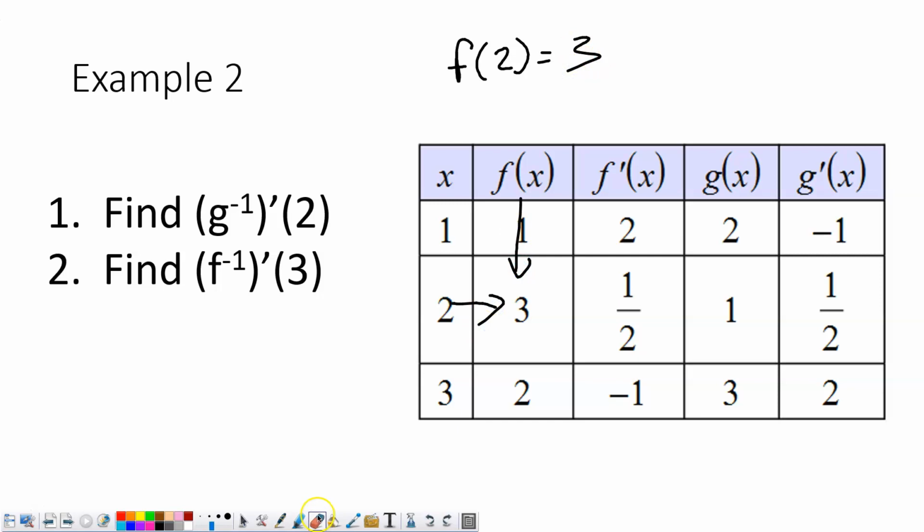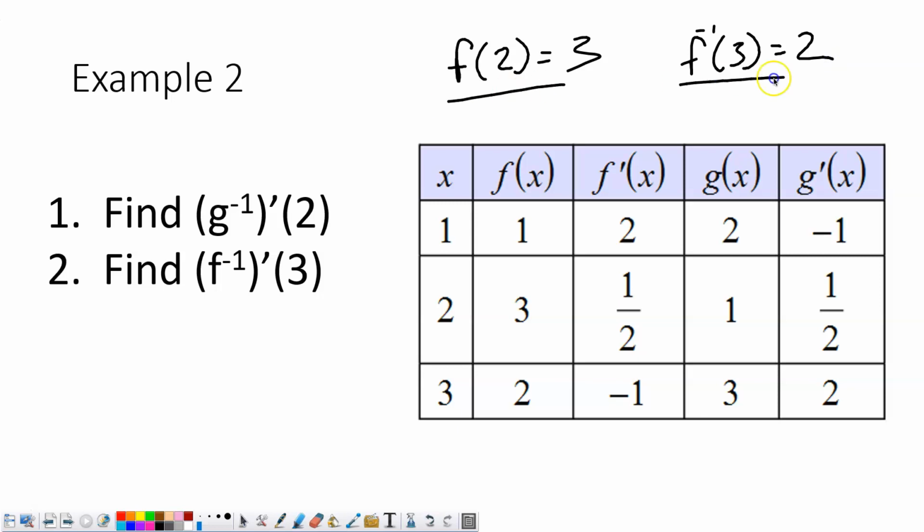Shouldn't be a problem. Now, what is f inverse of 3? So if I gave you guys this, well, I just gave you the answer, darn it. But what is f inverse of 3? Well, it would have to be 2, right?